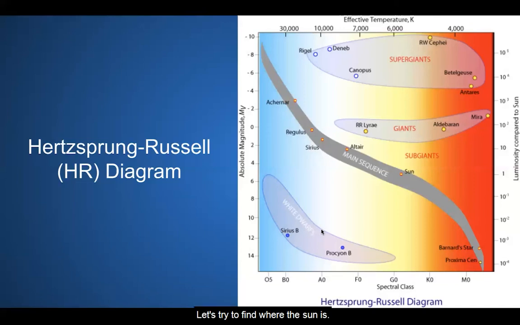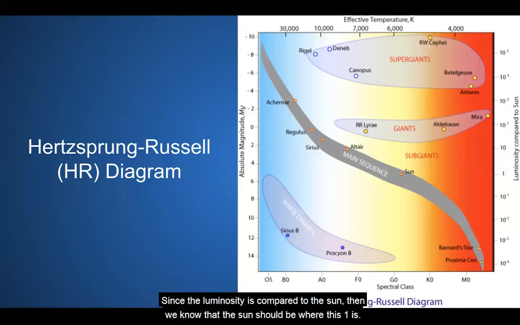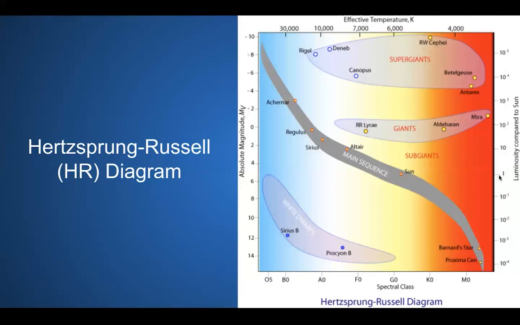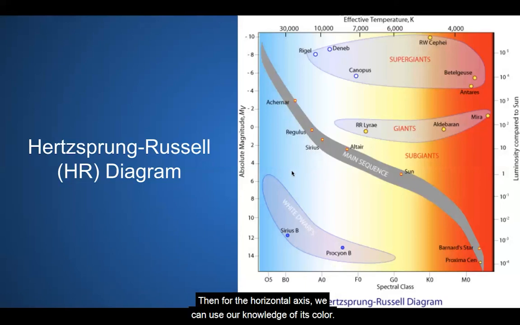Let's try to find where the sun is. Since the luminosity is compared to the sun, then we know that the sun should be where this one is. Then, for the horizontal axis, we can use our knowledge of its color.